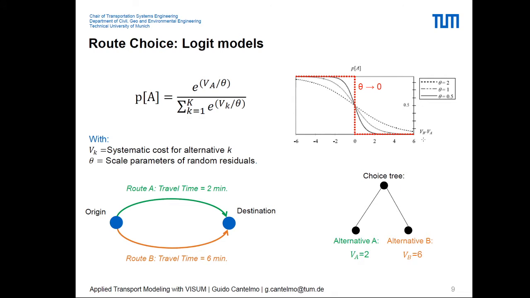So if the cost, actually not the utility, the cost of B is higher than A, we are on this side of the graph, and we see that the probability of choosing A is 0. On the opposite side, we can see that the probability of choosing A when the utility of A is bigger is equal to 1.